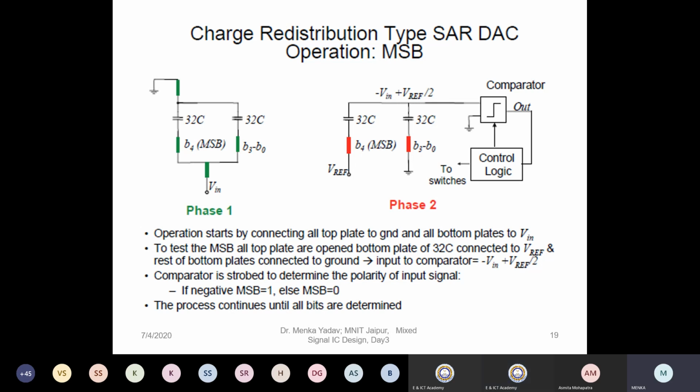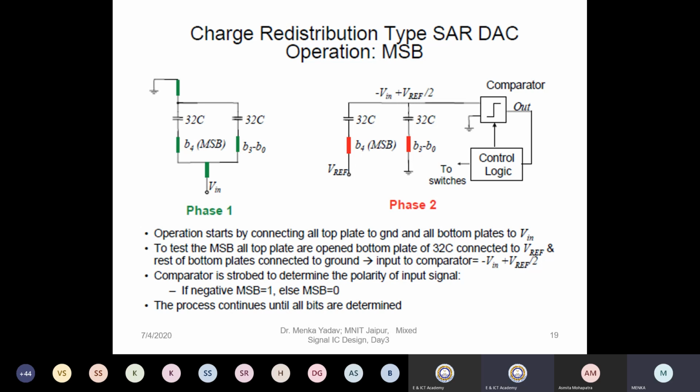If you apply the voltage division rule, it will come 3 by 4th of it. If this is 16C with V reference, you just need to check at the input, right? So across the 16C you will be able to see the corresponding voltage, correct?